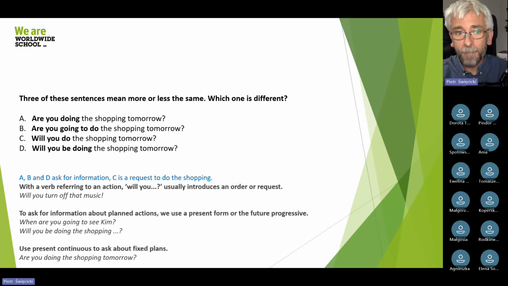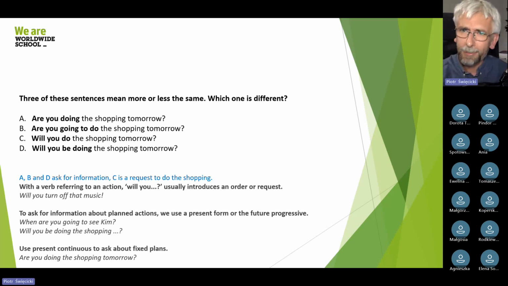But to ask for information about planned actions, we use a present form or the future progressive. Two examples. When are you going to see him? Will you be doing the shopping? And to ask about fixed plans we use present continuous. Are you doing the shopping tomorrow?